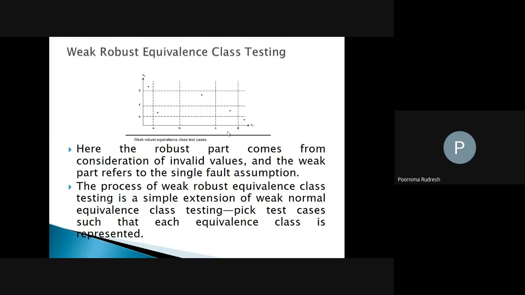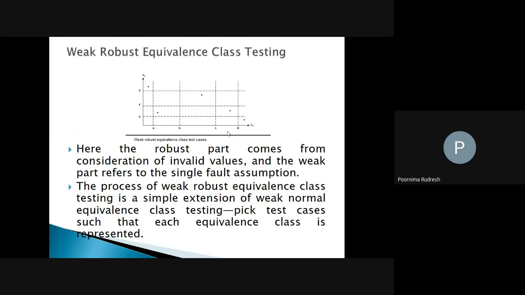Okay, hence weak robust equivalence class testing consists of two parts. One is the weak part and the second one is the robust part. The robust part comes from the consideration of invalid values, whereas the weak part comes from the single fault assumption, right? So, what is the process for weak robust equivalence class testing?